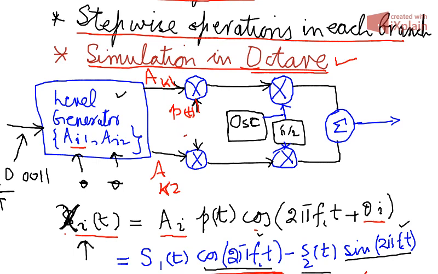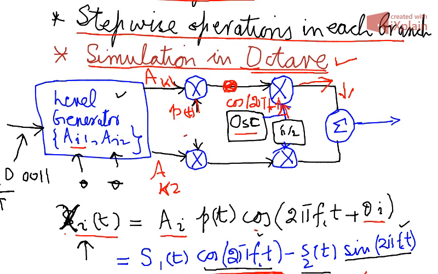The product comes to this point, and this product is then multiplied with cos of 2 pi f ct. We have an oscillator, and oscillators give us cos of 2 pi f ct. So from this output, this is cos of 2 pi f ct and AK1 P of T. So you will get the upper half signal from this branch.